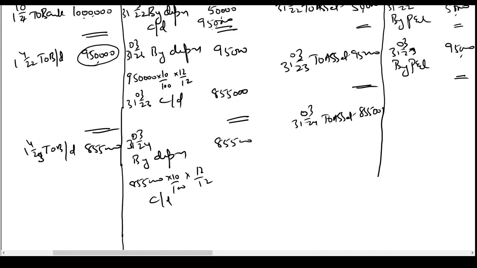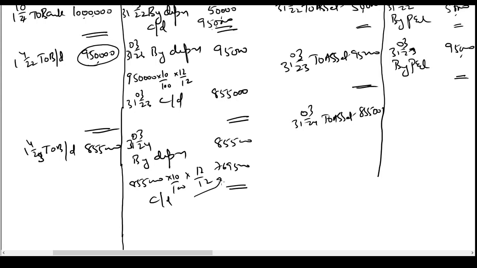Let us use a calculator and find out. 8,55,000 minus 85,500. It is 7,69,500 is the balance now. 7,69,500 is the balance.